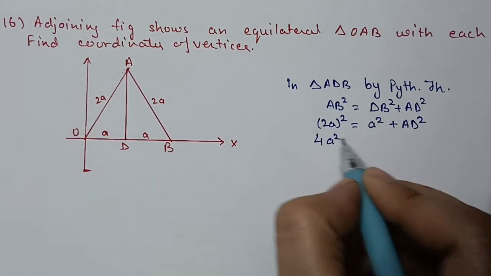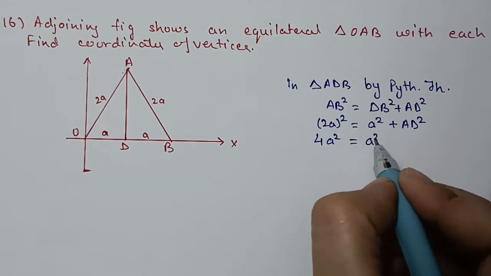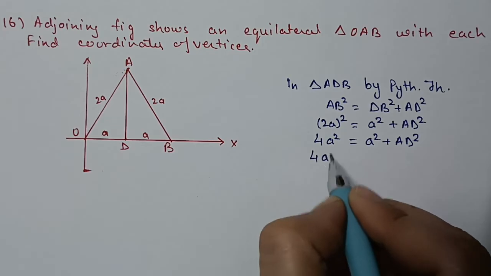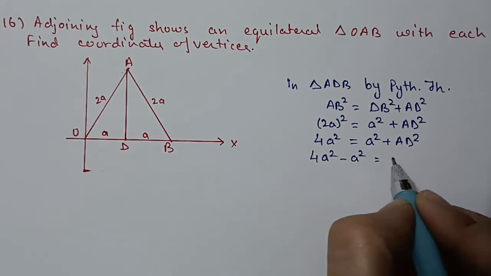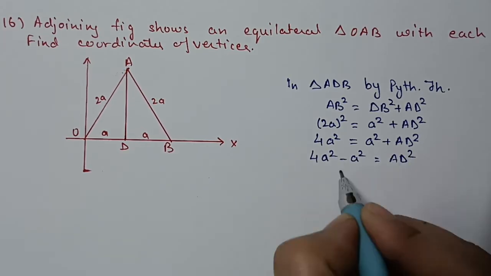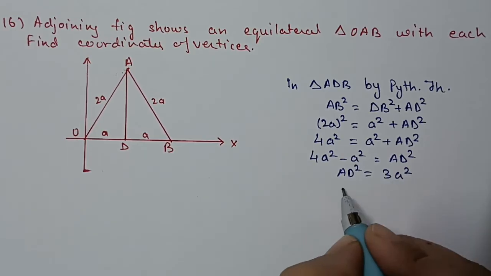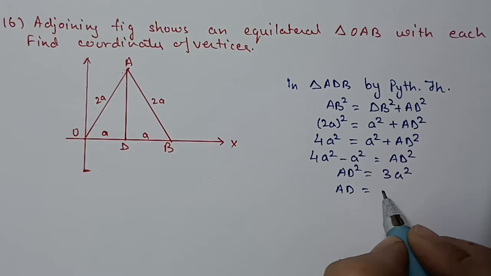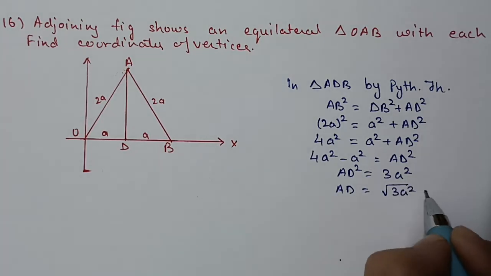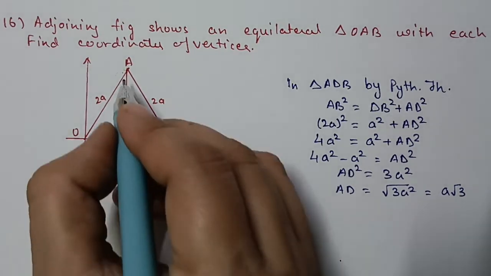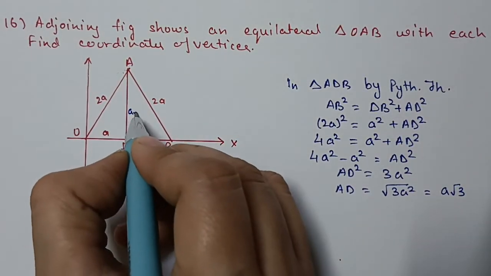So 4a square is equal to a square plus AD square. A square you can shift to this side. So we got AD square is equal to 3a square, or AD is equal to root of 3a square, which we can write as a root 3. It means the length of this is a root 3.